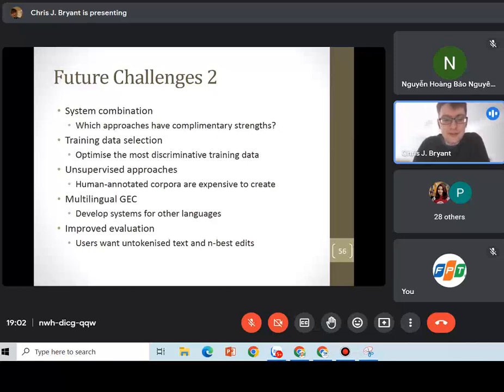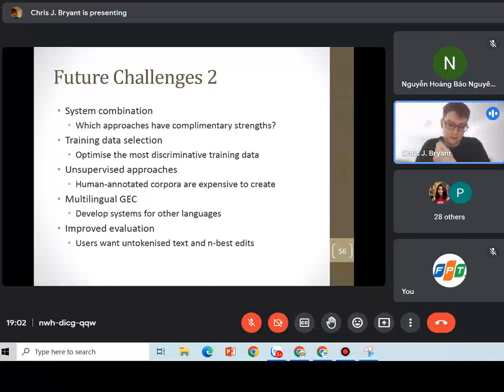Now, that could be useful, but at some point you have to ask, when has the model seen enough examples of article errors? Do we only need 100 of them in order to correct them? Do we need 1,000? Do we need 10,000? Do we need 1,000,000? At some point we have to work out what is the most optimal use of training data. We don't necessarily want to just create as much as possible, but we can create it in a more targeted way that represents the kind of things we want to capture.